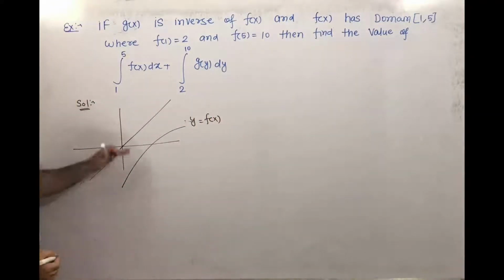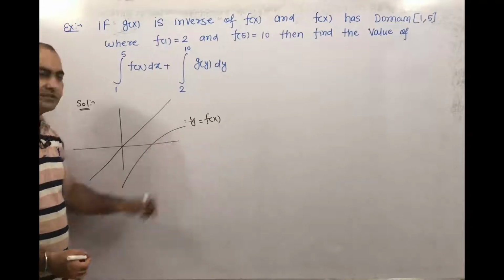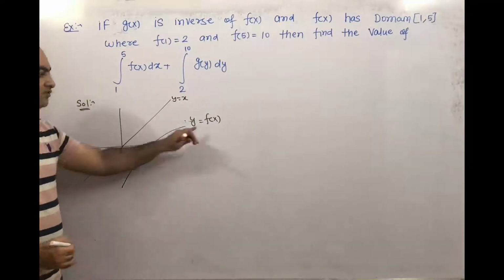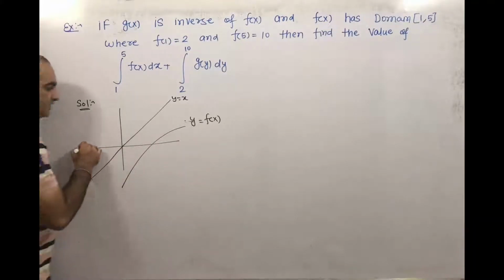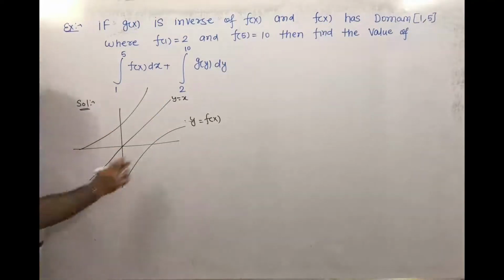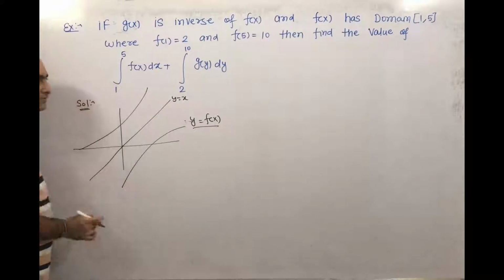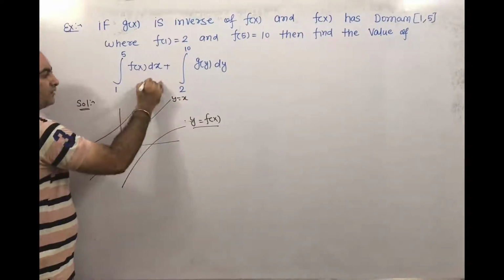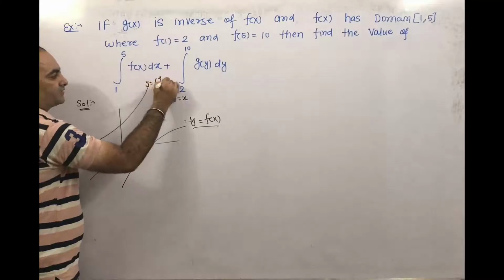Then if you take the mirror image of y equals f(x) with respect to y equals x, we will get the inverse of f(x). That means we will get this one. So this is y equals f inverse x.